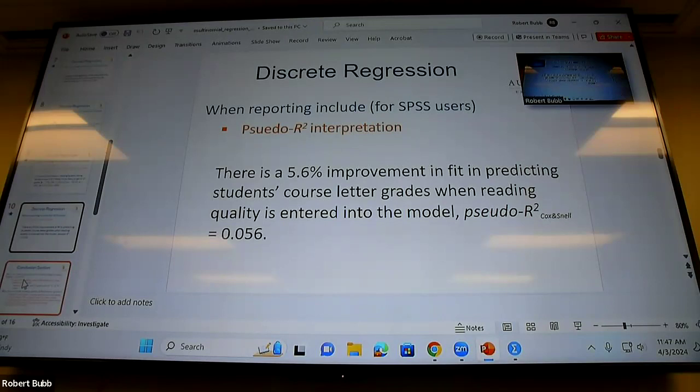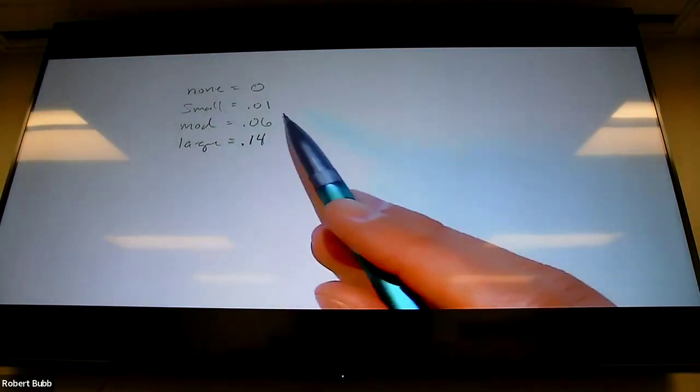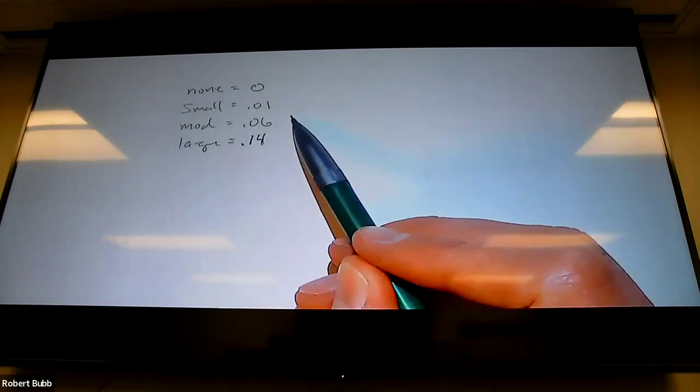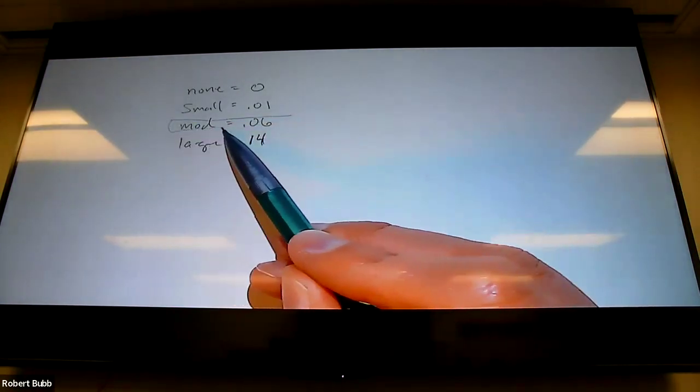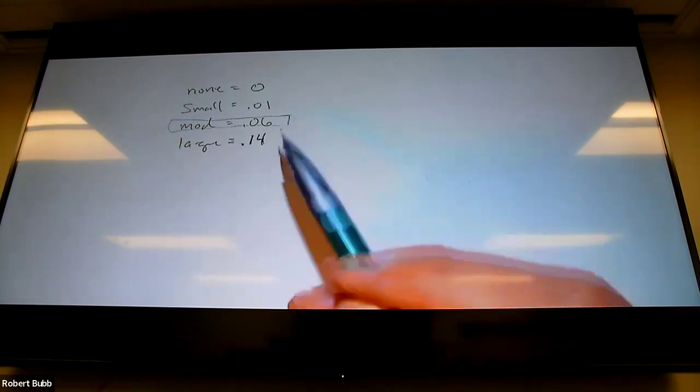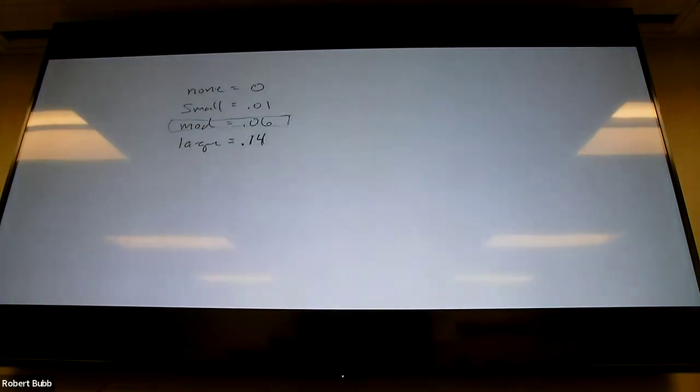So again, have those in your memory whenever you're reading an article so that you get an idea: is this impacting an individual person? If I get a 5.6%, again, if we turn these into percents, that's 1%, 6%, 14%. This is a moderate effect. So not only is reading quality statistically significant collectively, it also looks practically meaningful for the individual student.